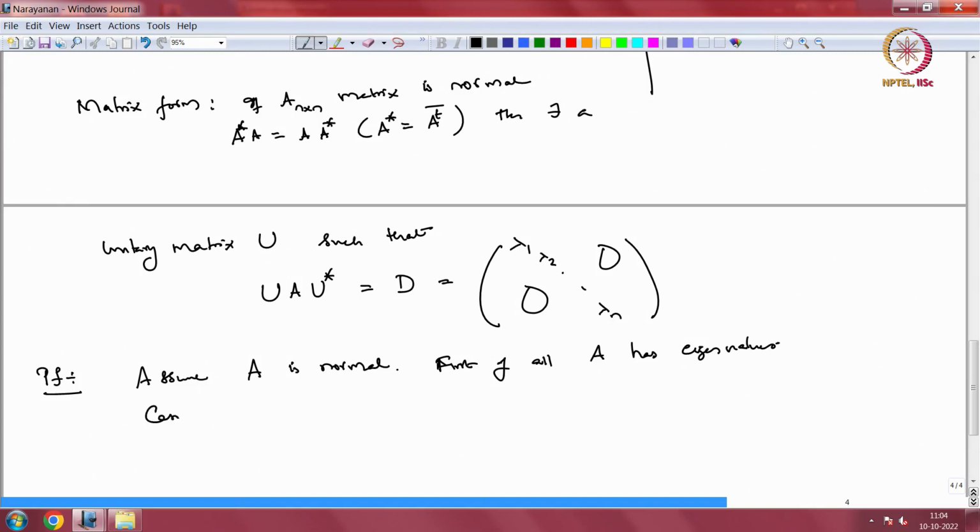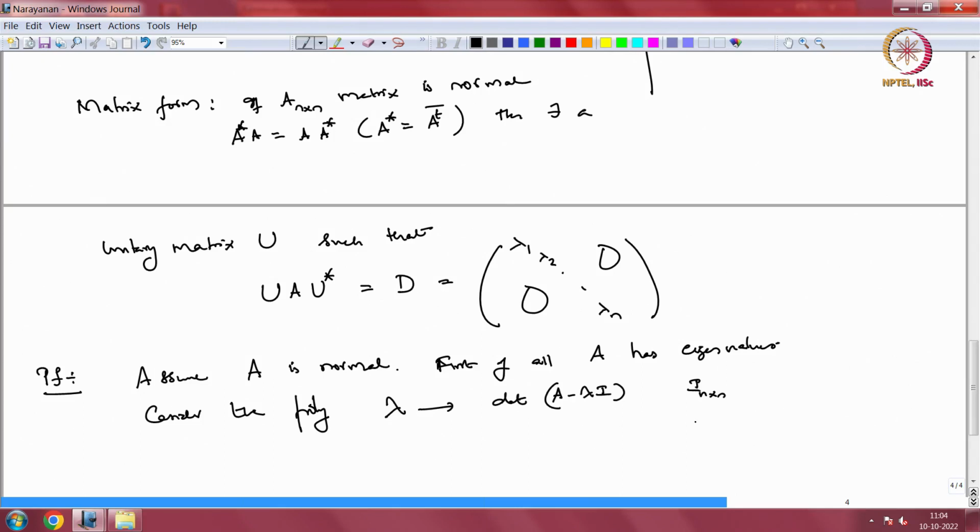So, consider the polynomial lambda going to determinant of A minus lambda I. So, I is the n by n identity matrix, right.